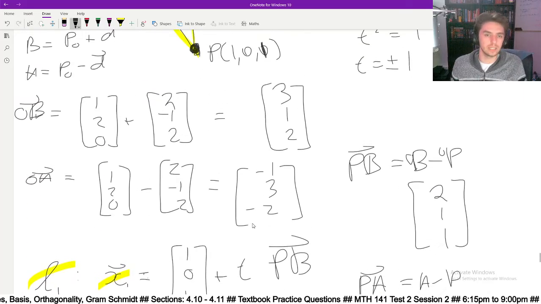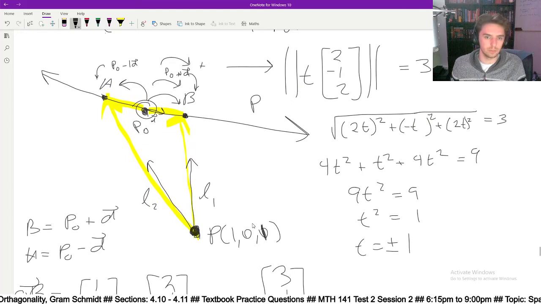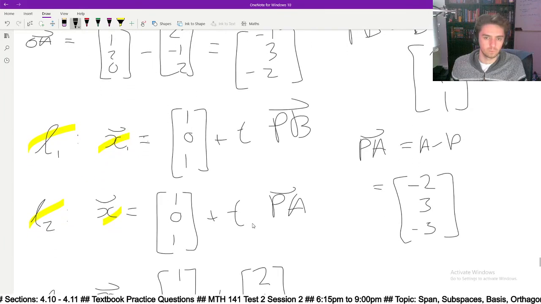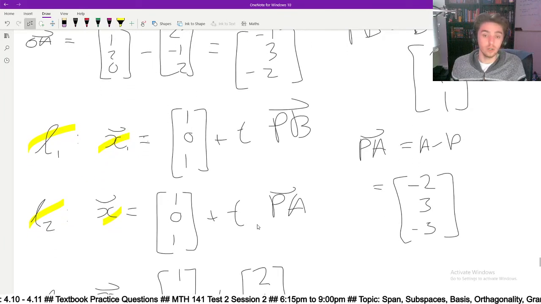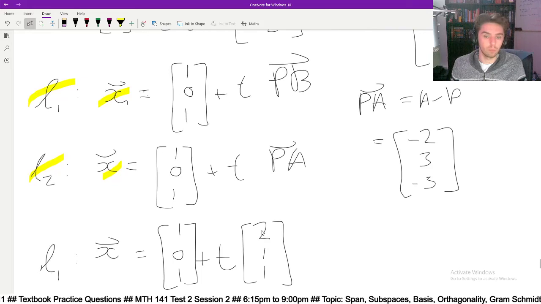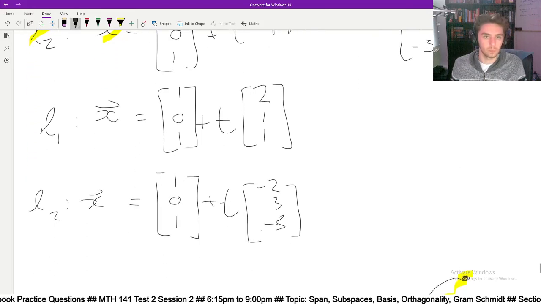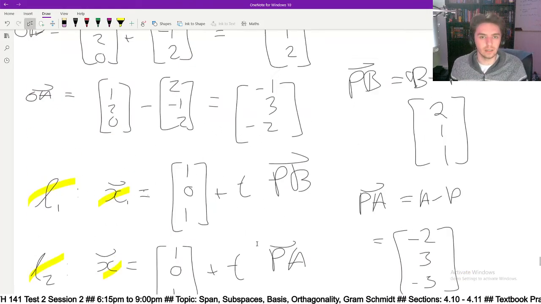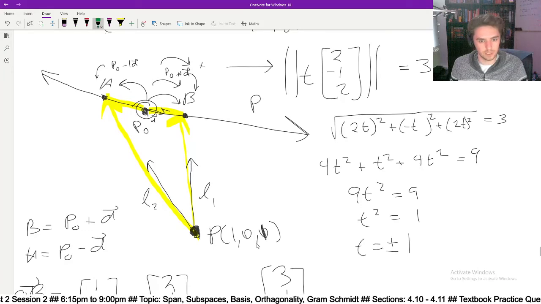So I knew we were going to have 2 answers because there are 2 different points that have a distance of 3. We just need a line. It didn't ask us for this green distance.